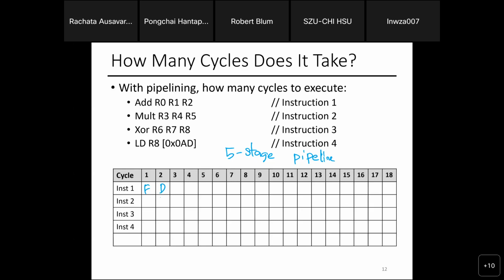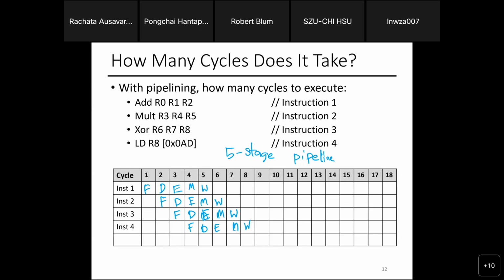Instruction 2, because the fetch unit is not doing anything, I can fetch. Now the third cycle, I can move this to execute. This is decode. This is fetch. Execute, my bad, then memory and write back. Fetch, decode, execute, memory, write back.